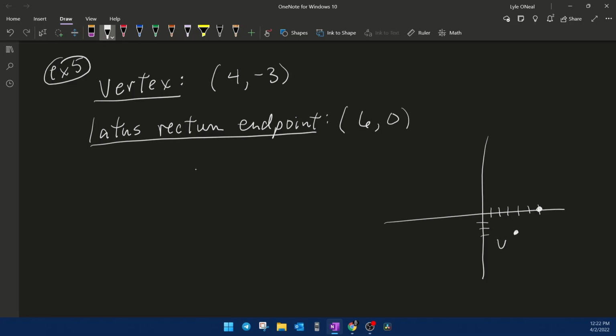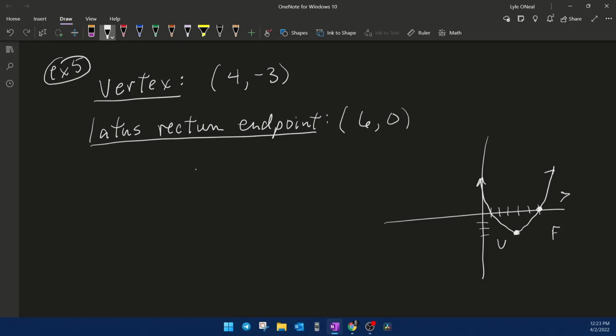Now the reason that this is not enough information to determine the equation of the parabola is because in this situation you could have a parabola that opens to the right. So here we have the vertex, and remember the latus rectum has to go from side to side and contain the focus. So this could be a situation where the parabola opens to the right, but we could also have the situation where the parabola would open up.